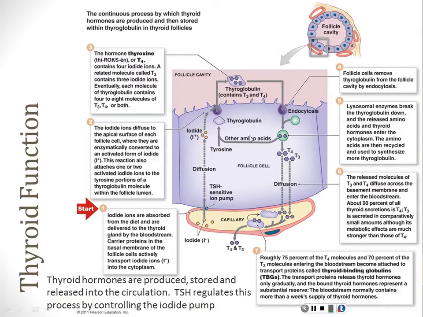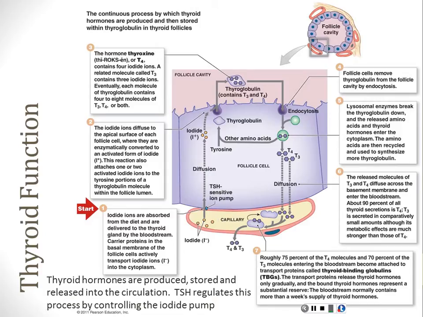Well, since the thyroid gland is the principal user of iodide, it has this pump that pumps iodide from the blood into the thyroid gland cells. And when TSH is high, this pump works faster. When TSH is low, this pump works slower. So one of the ways the pituitary controls thyroid gland function is by controlling how rapidly iodide is brought into the cell.